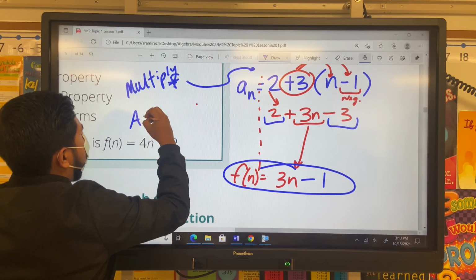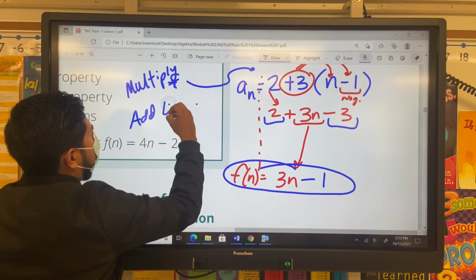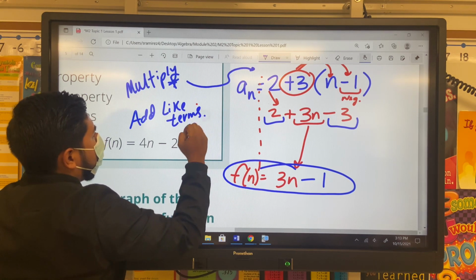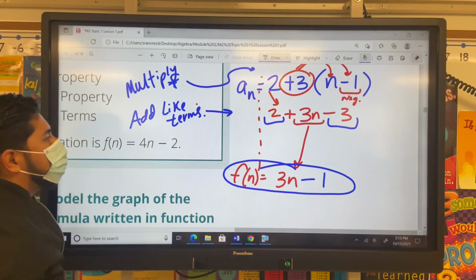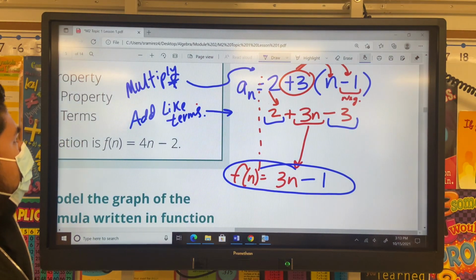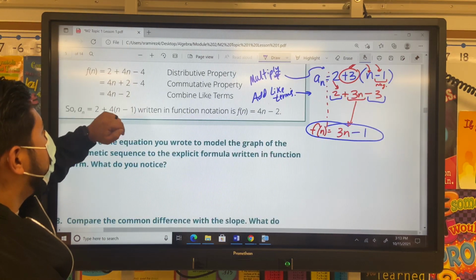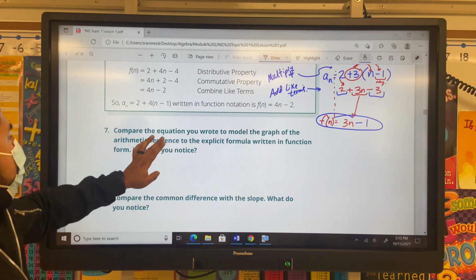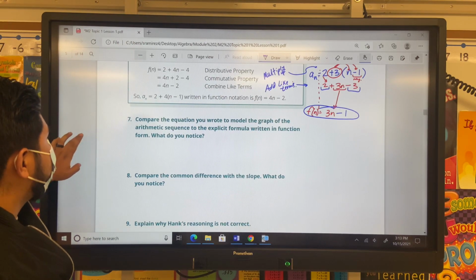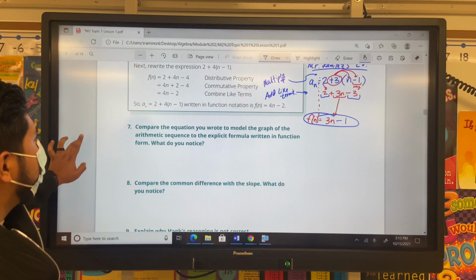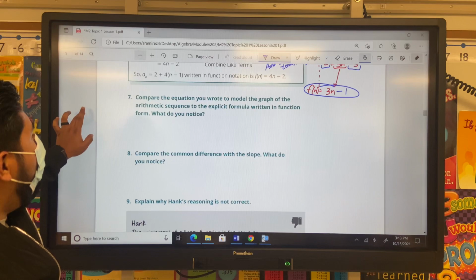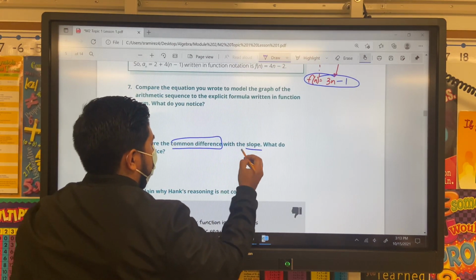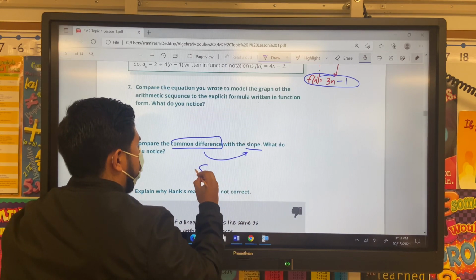And then we add like terms. Okay? A lot of interesting things. We do want you to make the connection. We want you to be able to see that the common difference and the slope are exactly the same thing.